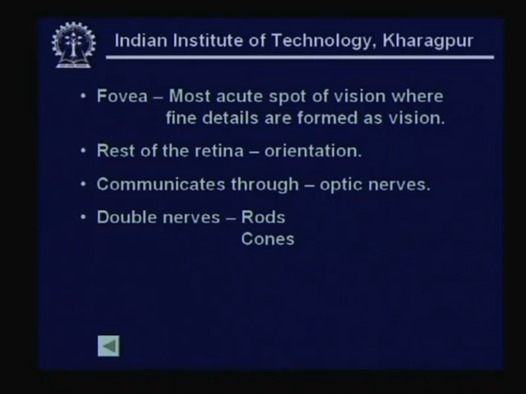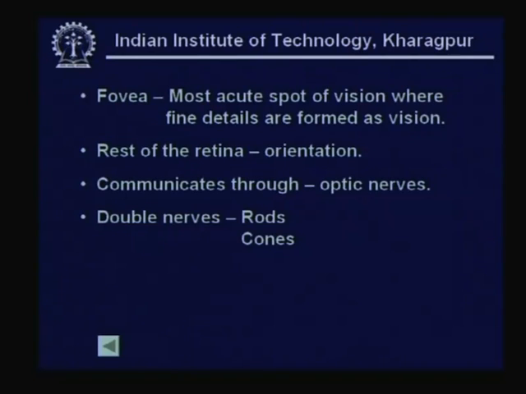Now, there are two sets of nerves. As you know, our eye is comfortably able to take in images in low light as well as high light. It is able to see things at close quarters as well as at far off distances, and this is possible through two sets of cells, and they are called rods and cones.